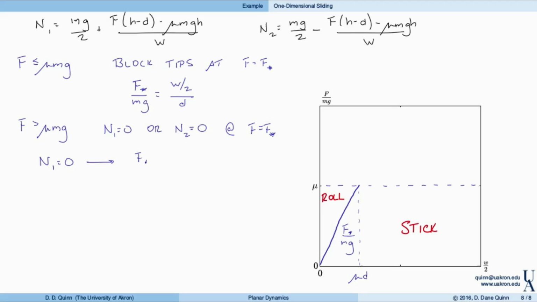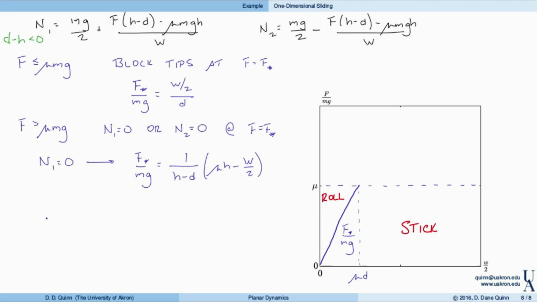In particular, F star over mg is equal to 1 over, and I'll write this as h minus d now, because we're looking at the case of d minus h less than 0. So h minus d is going to be positive. And then mu times h minus w over 2.